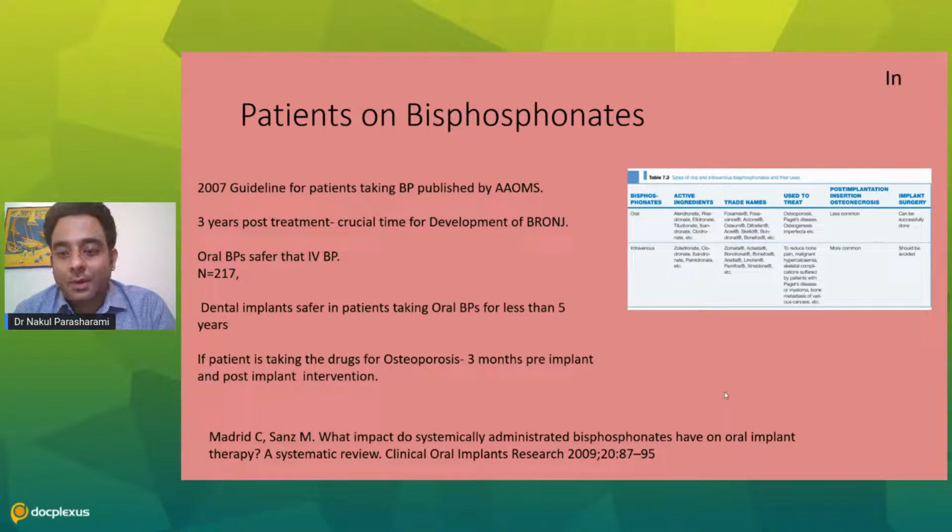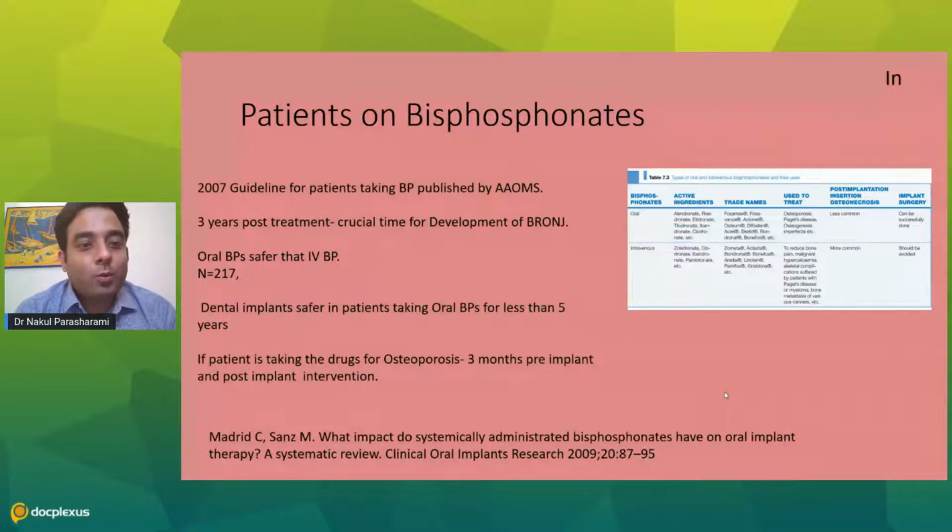Hence, this group of patients should be investigated in greater detail. So basically, it was suggested in the 2007 guidelines by the Association of Oral and Maxillofacial Surgery that a 3-year post-treatment time is crucial for the development of bisphosphonate-related osteonecrosis of the jaws.